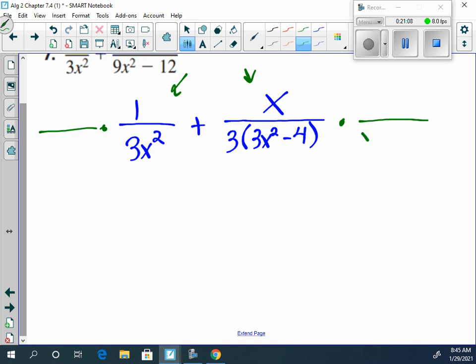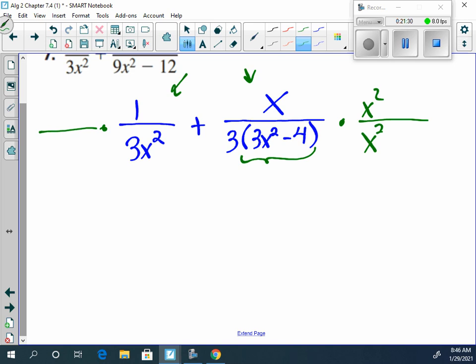Yep, it's the x squared. Because our x squared over here is trapped in with the 3x minus 4. That is a term. Now they both have a 3, but they both don't have an x squared. They don't have a 3x squared. So the one on the right is missing that x squared.